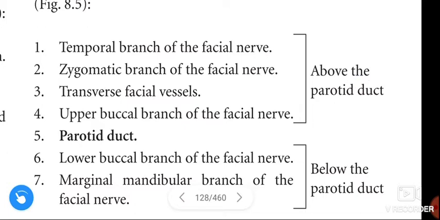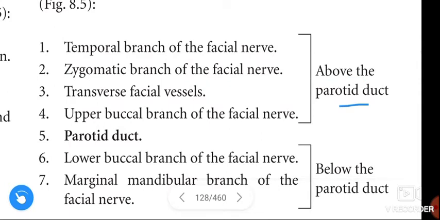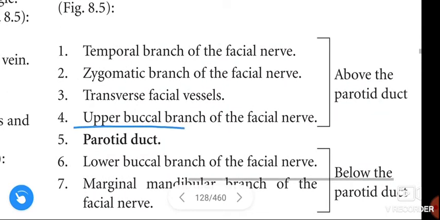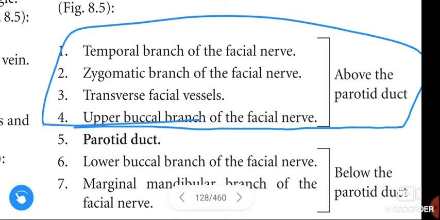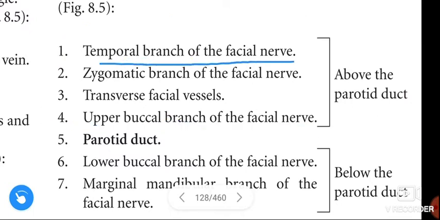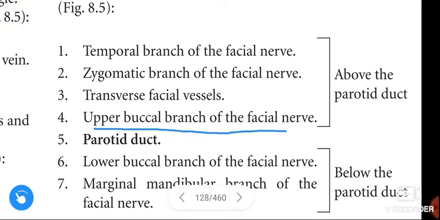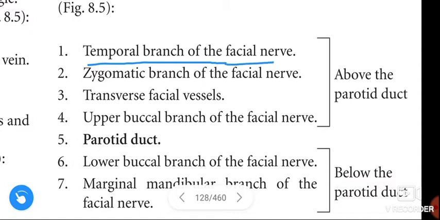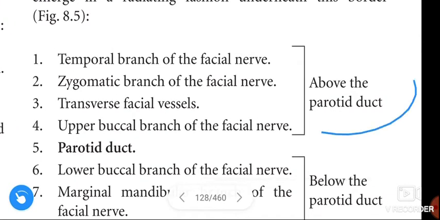Above the parotid duct, four structures are present: temporal branch of the facial nerve, zygomatic branch of the facial nerve, transverse facial vessels, and upper buccal branch of the facial nerve. So these are the structures present above the parotid duct.